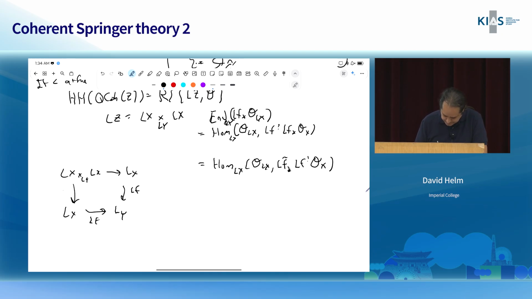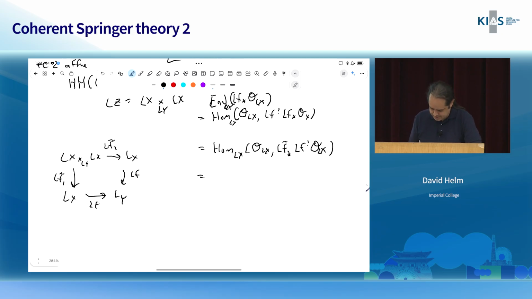So we have LF, LF, LF tilde 1, LF tilde 2. O_LX, yes, thank you.